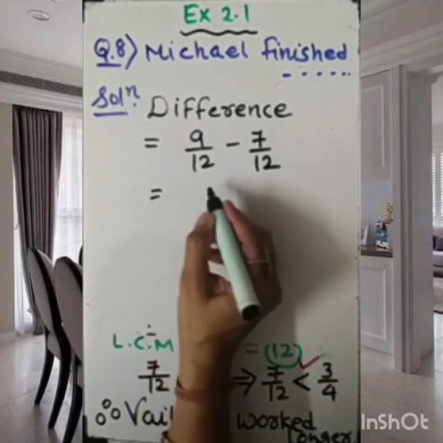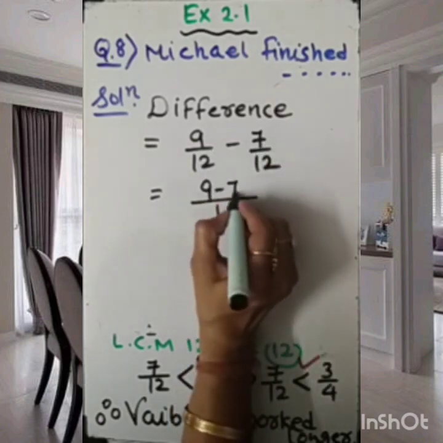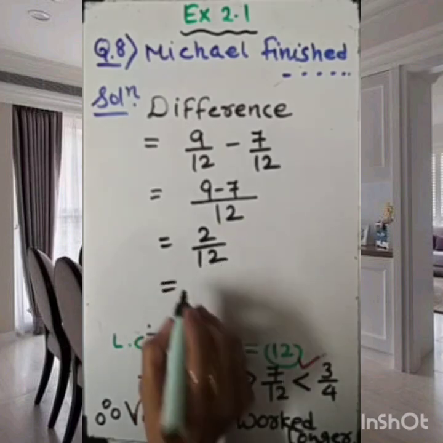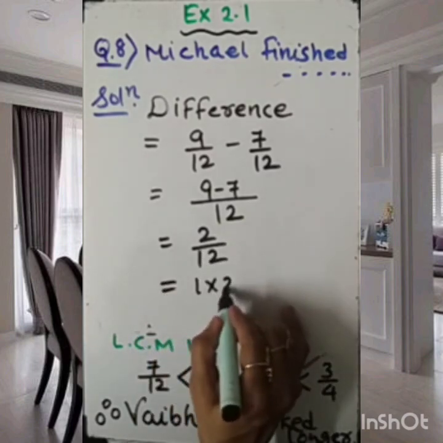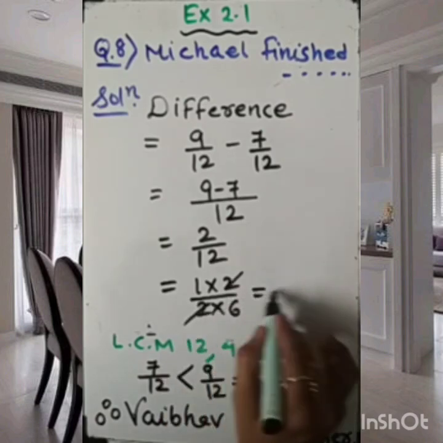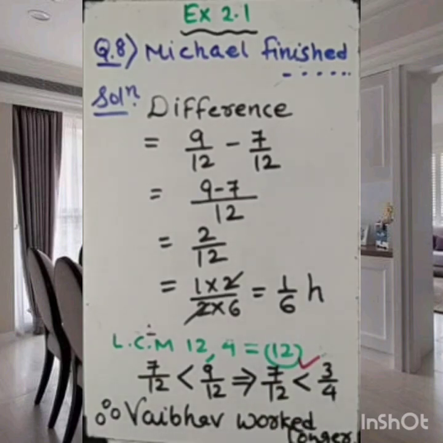Now the denominator is 12, similar like fractions, 9 minus 7 is 2 by 12, right? 2 by 12 can be further simplified: 1 times 2 and 2 times 6. The 2s cancel, so the answer is 1 by 6, and the unit is hour. So, my dear student, the final answer, the difference, is 1 by 6 hour.